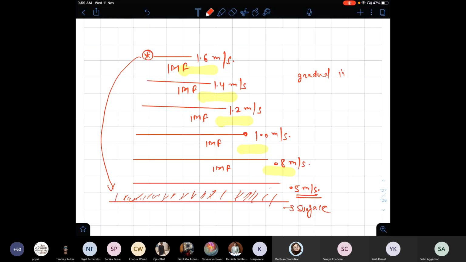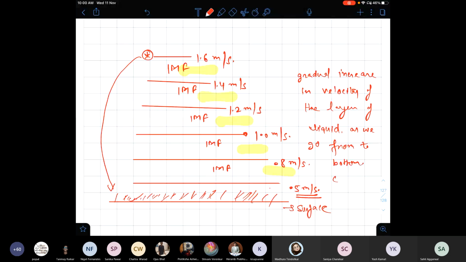Gradual increase in velocity of the layers of liquid as we go from top to bottom, called laminar flow.